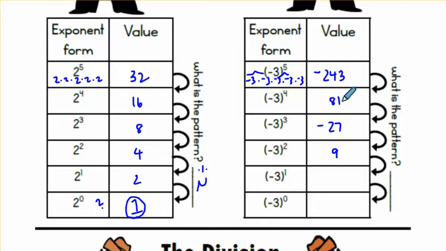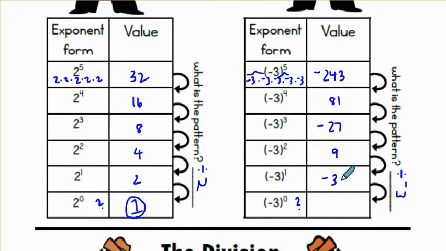And you probably can tell that there's a pattern going on here with our negative signs, right? It's every other one winds up being a negative. So this would be a negative 3. And again, we're not sure what this is. So let's look at the pattern. What are we doing every time in this column? We are dividing again by negative 3, whatever the base is.